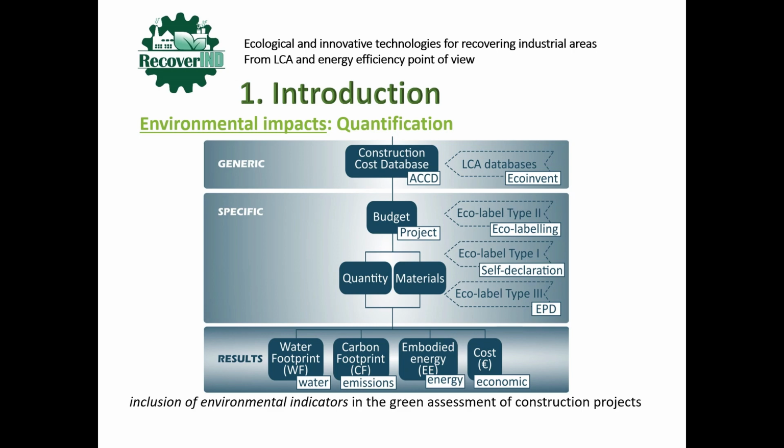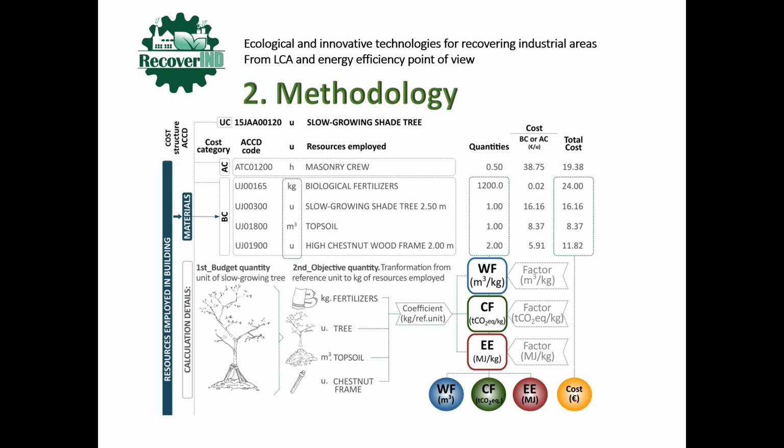And from that, we can combine the quantity surveying of the project with the characteristic of each specific element or construction material. And from there, we can, for example, calculate the water footprint, carbon footprint, embodied energy, or the cost of every single element that takes part of a construction project.